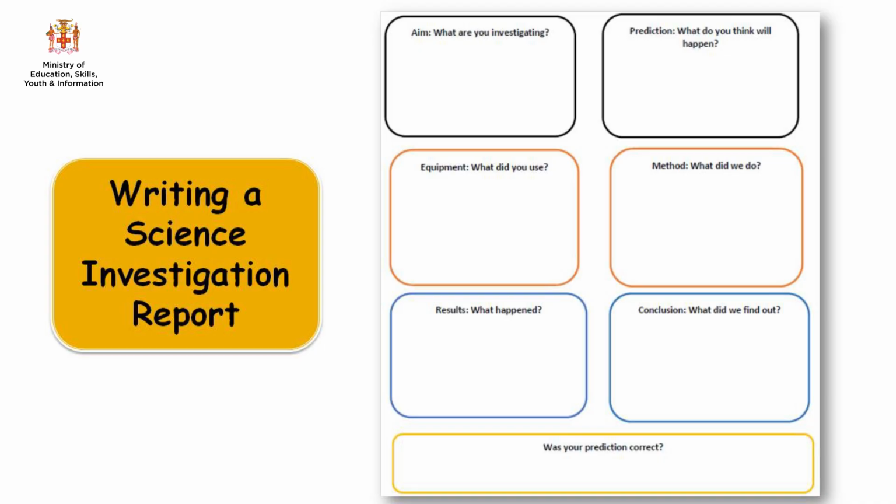A science investigation report using the template that is shown, which is really, again, tracking what you did. What were you trying to find out? What were your results? What steps did you take? What was your conclusion? And so that is represented there on your report.